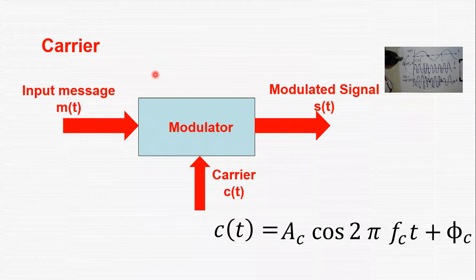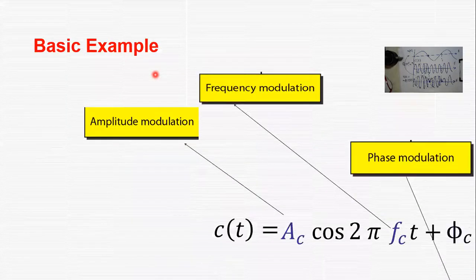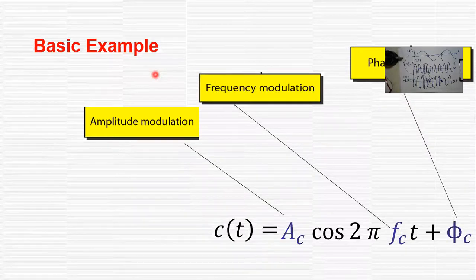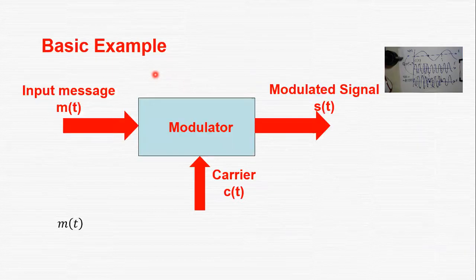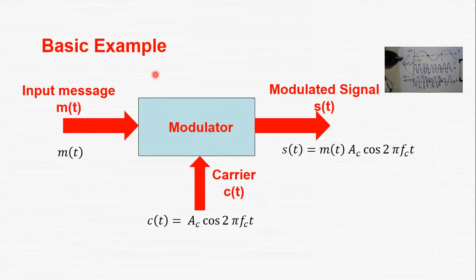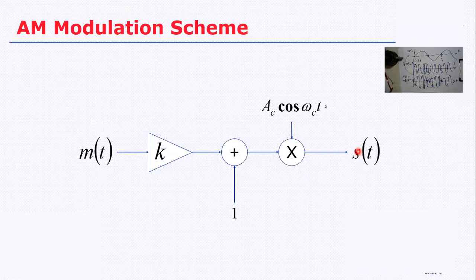However, we have a problem with the amplitude modulation. This is just a reminder of our previous definitions: amplitude modulation, frequency modulation, and phase modulation. Here we are concerned with amplitude modulation. Now this is the message and this is the output. The output is varying with m(t), or the amplitude of the carrier is varying with m(t), as we mentioned. So what we are going to suggest is this plot.